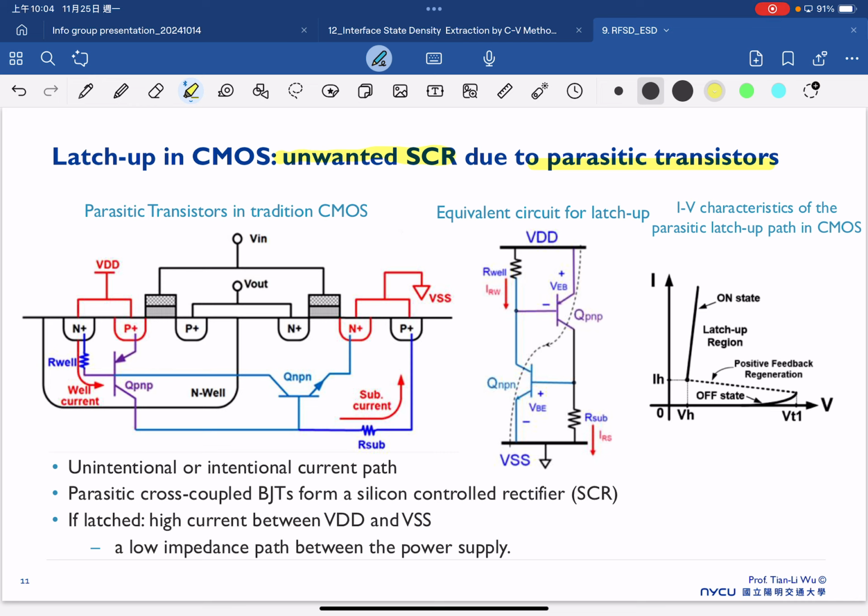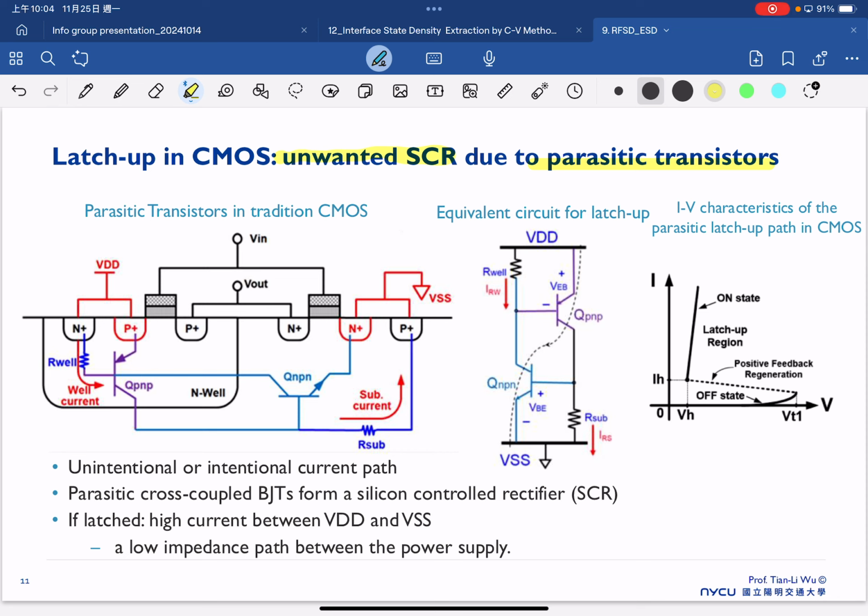As I said, SCR is a device that combines a PNPN. For power semiconductor devices, we intentionally fabricate SCR for certain AC to DC rectification applications. But in the CMOS, we don't want SCR because that causes these latch-up issues.